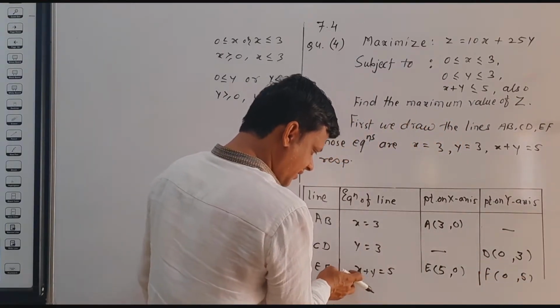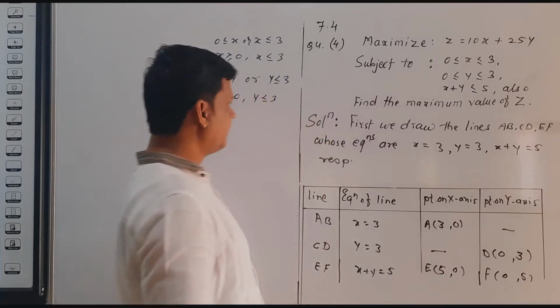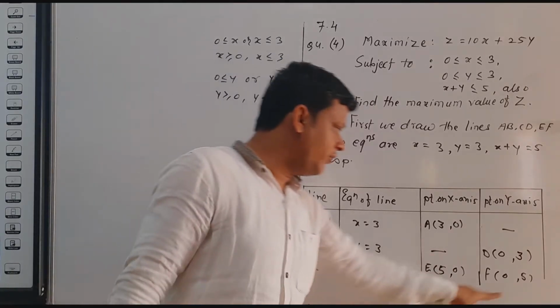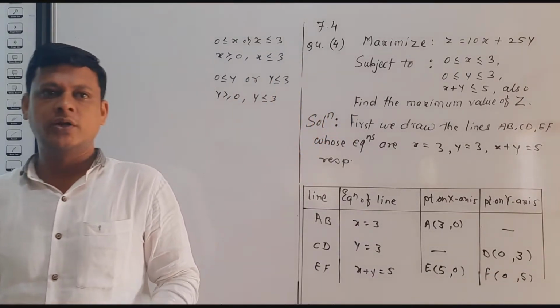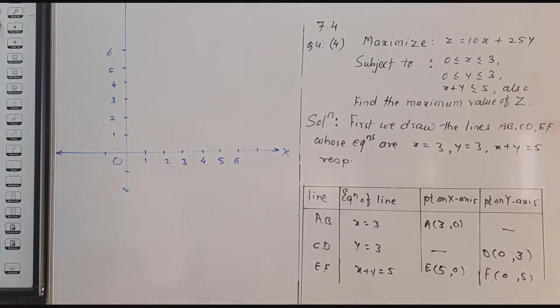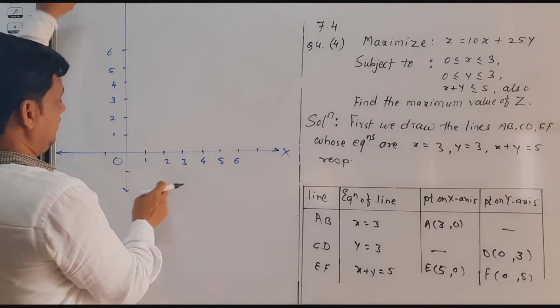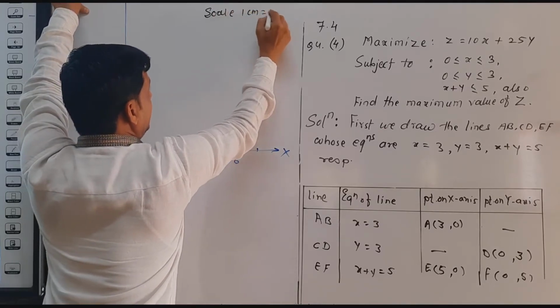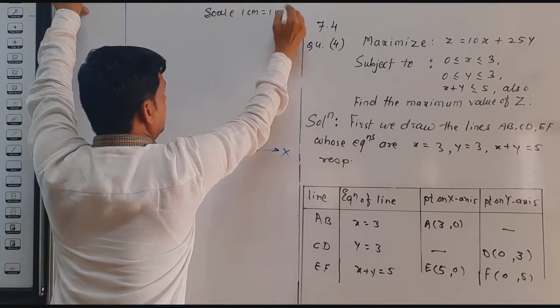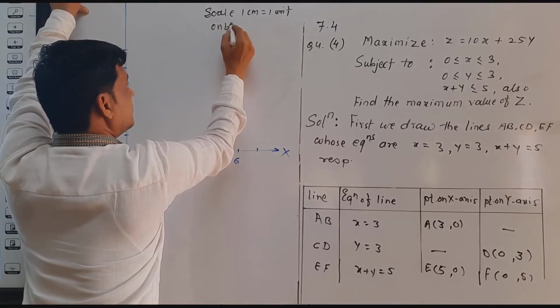So when we replace x by 0, we get y equals to 5. Now the maximum value is 5, so we have to take a scale of 1 centimeter equals to 1 unit on both axes.